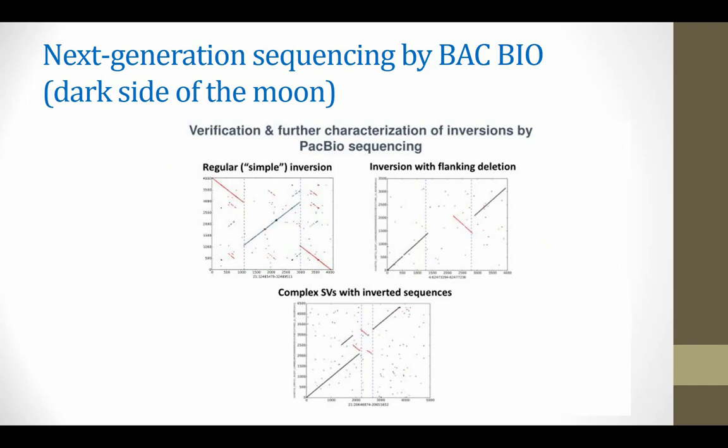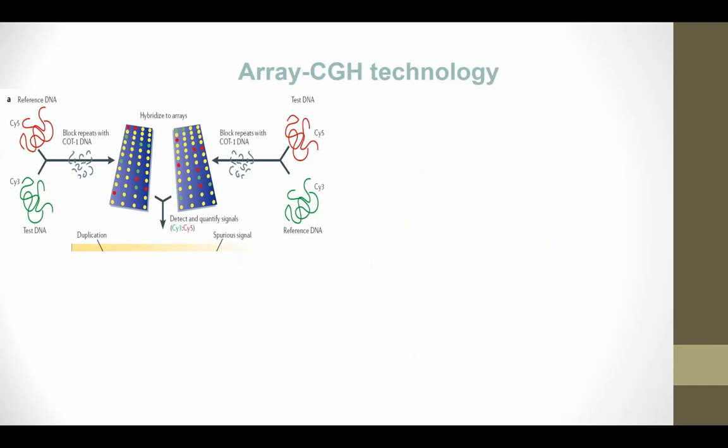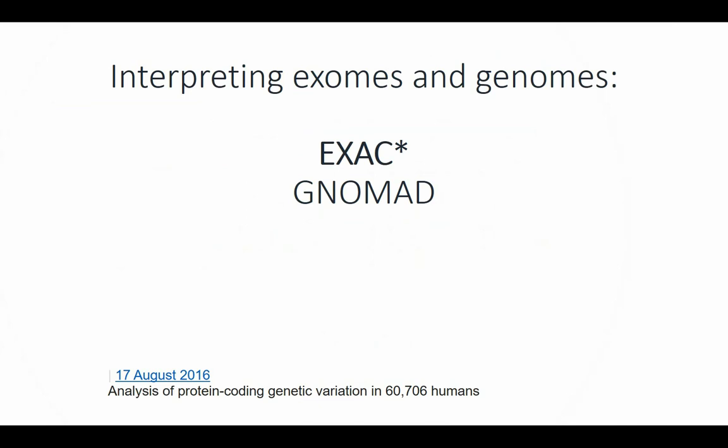So PacBio, and only this technology, could show this inversion, this huge deletion, this complicated story. You cannot do it otherwise, because you see it in one string. What you see here is really the dot plot that I think I mentioned in the beginning. And this is the array that was supposed to show it.